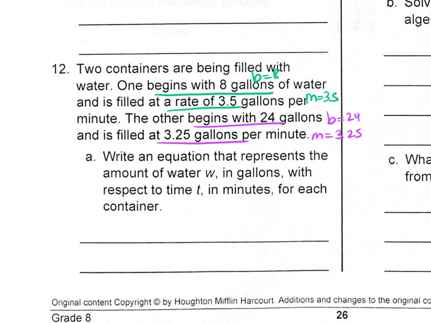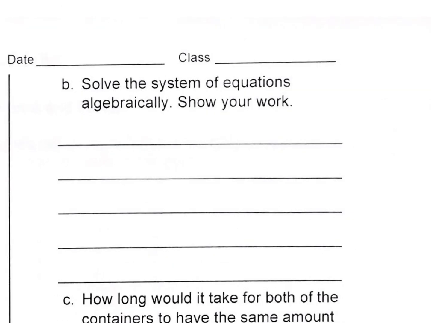So I could write these 2 equations. The first one is W, the amount of water, is 3.5 times each minute, plus it starts with 8 gallons. And the other one, W, the amount of water, is 3.25 times the number of minutes, plus it starts at 24 gallons.